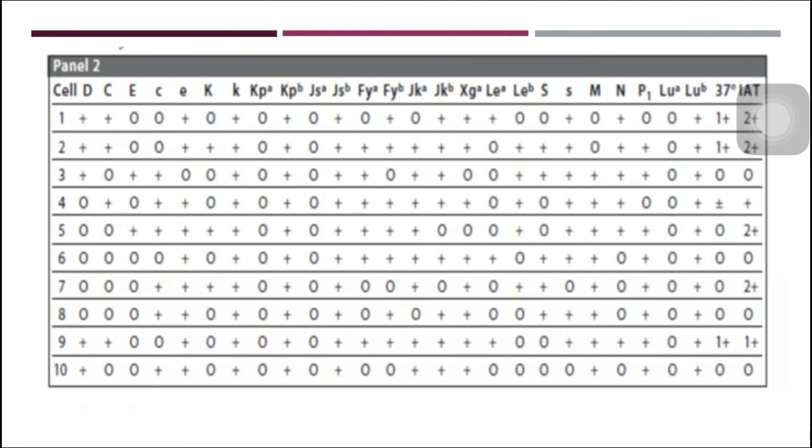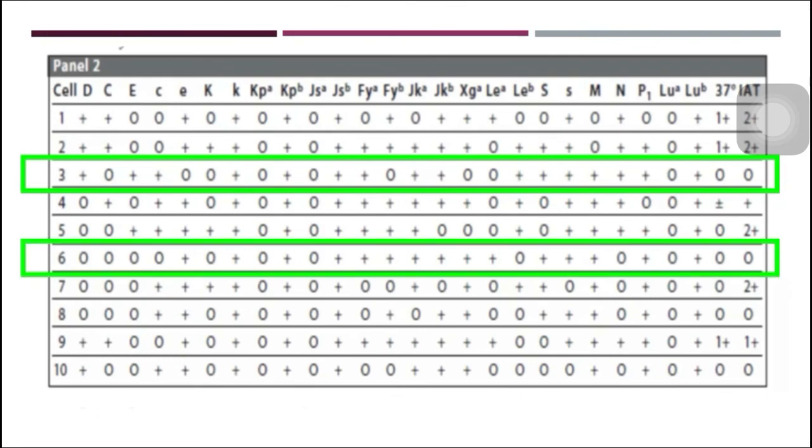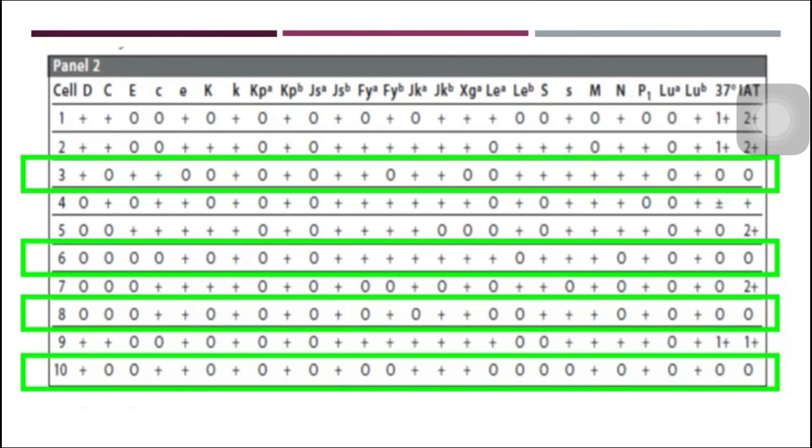Again, we will base sa test sa 37 degrees Celsius and sa IAT. Take note yung may negative reaction, yung 37 degrees and yung IAT. Right, so we have panel cell 3, cell 6, cell 8, and cell 10. Now again, i-cross out na natin yung may mga positive reactions. So for cell 3, cross out na natin yan. And for panel 6, sino pa yung may positive reaction?